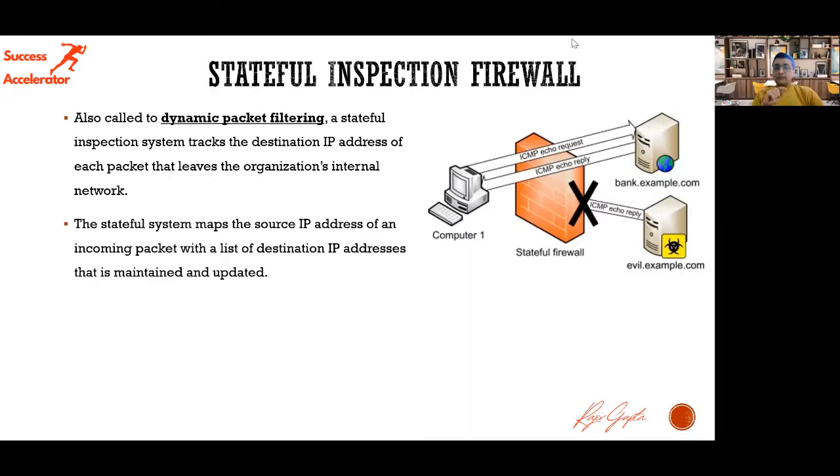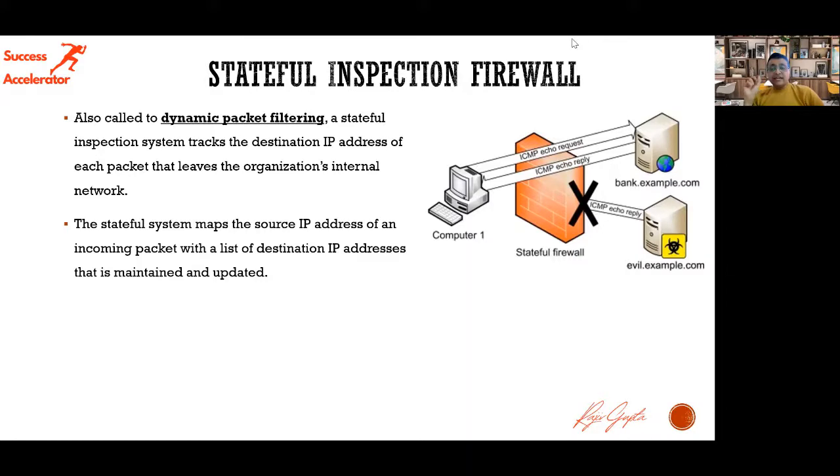Step number 2 is this firewall maps the source IP address of the incoming packet. So when a packet is coming within the organization network, this firewall checks, number 1, whether it is coming from the IP address to which we had sent the request from inside. Number 2, it checks whether it is coming against the same request or not.